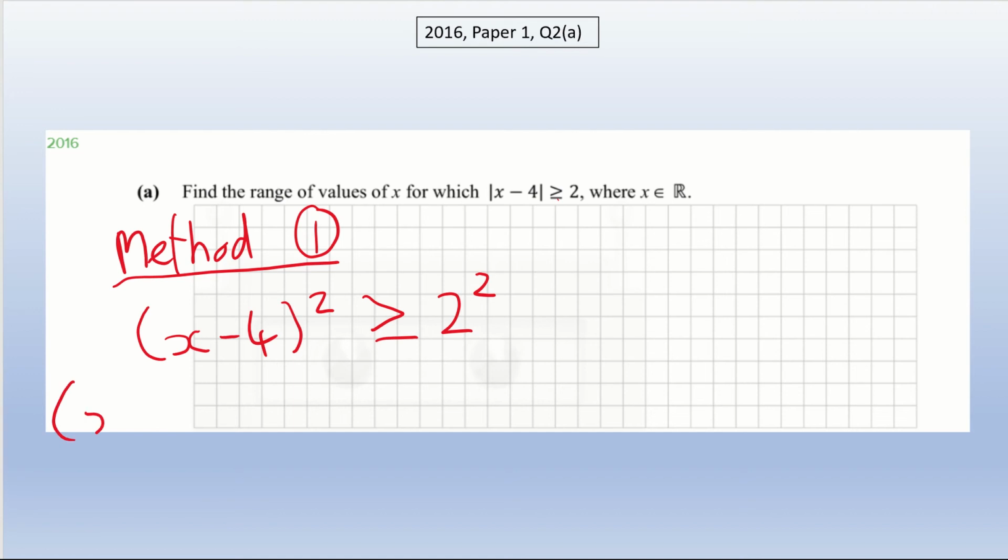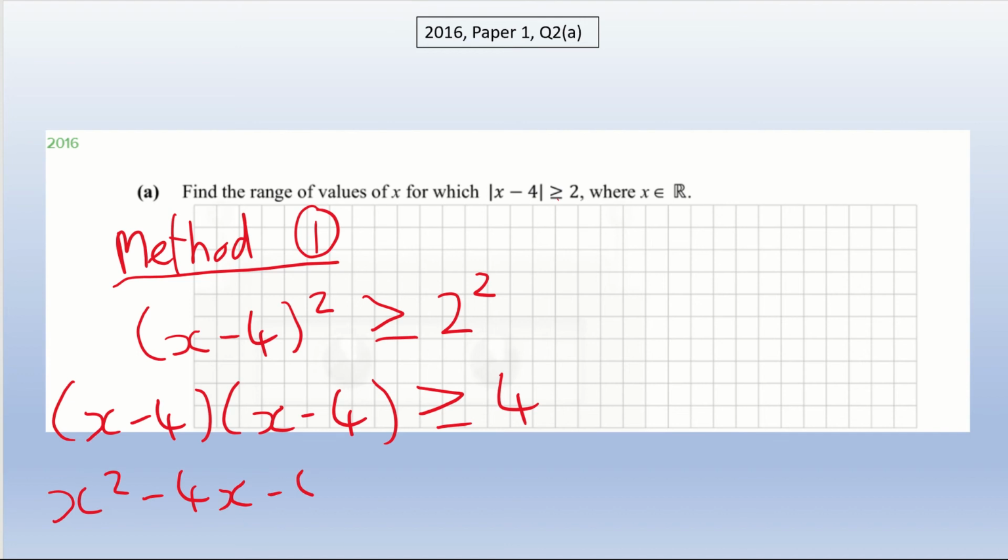X minus 4 squared is x minus 4 times x minus 4, which is greater than or equal to 2 squared, which is 4. X minus 4 times x minus 4 is going to be x squared minus 4x minus 4x plus 16, greater than or equal to 4.